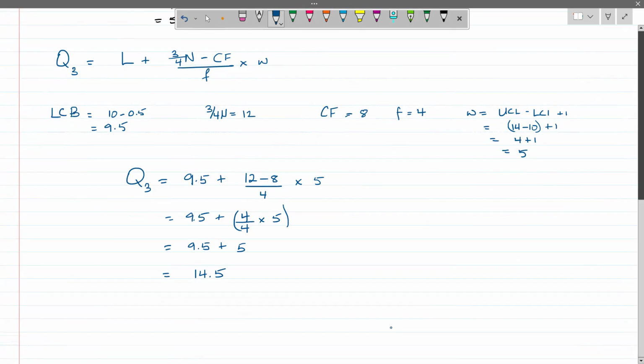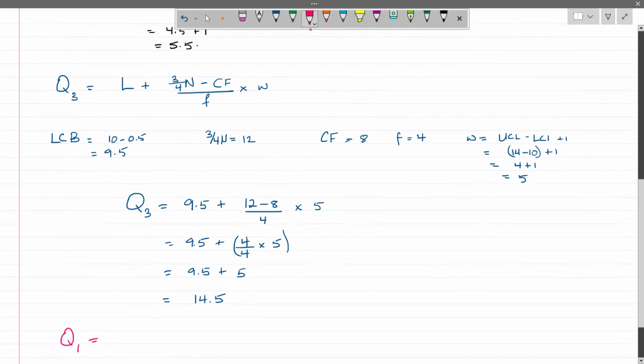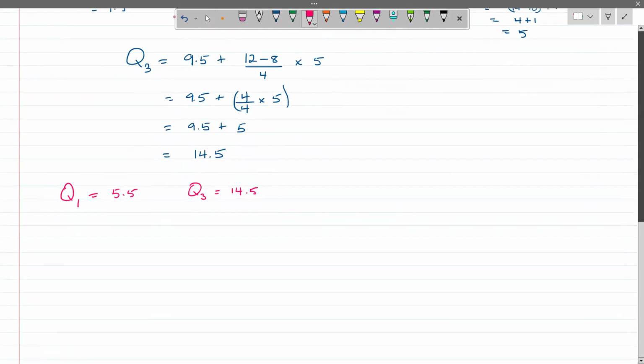So my Q1 value was 5.5, and my Q3 value was 14.5. Next, I'm going to find the interquartile range, which is Q3 minus Q1. Q3 is 14.5, Q1 is 5.5.